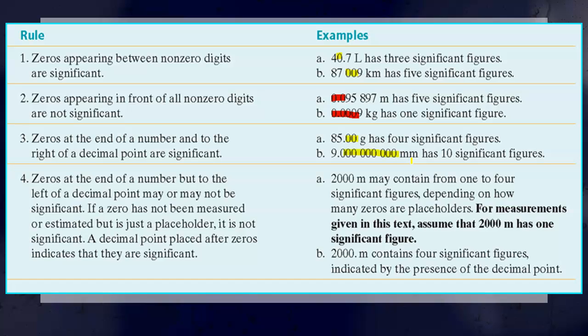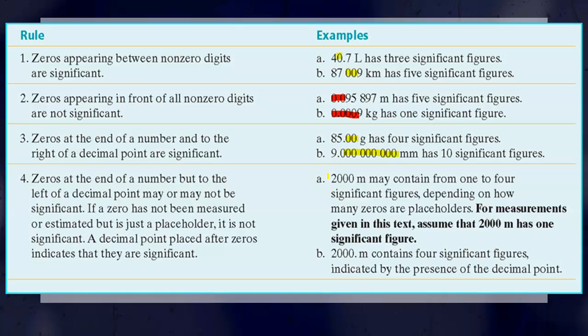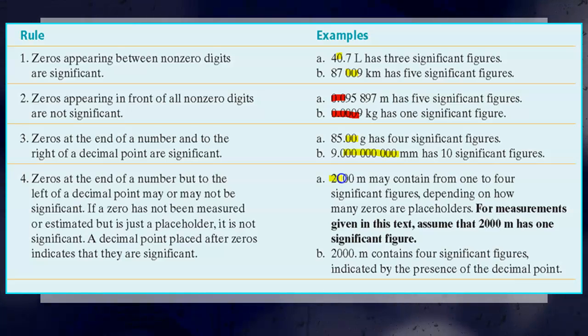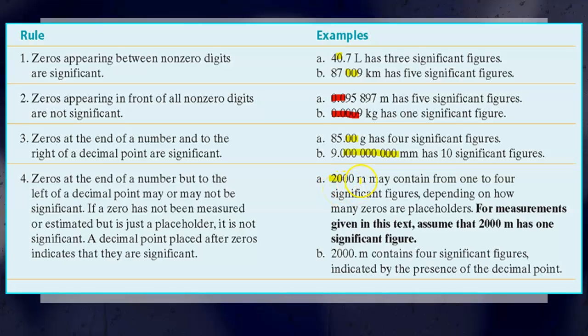On the other hand, notice if there's not a decimal involved, then I only have 1 sig fig here. I stop counting the zeros. This could be ambiguous though, because what if I wanted to have 2 sig figs? And I know the 2 and the 0 for sure, but I don't know the other 2 zeros. I might have 3 sig figs.